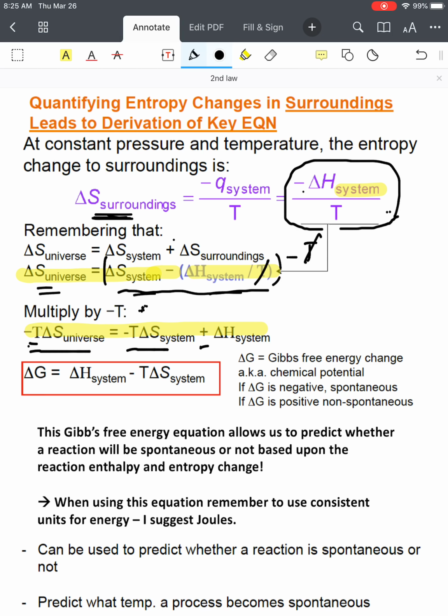Now what we're going to do is we are going to give this term right here an alternate name. We're going to call it delta G. And it turns out that that alternate name, delta G, is called the Gibbs free energy change for a reaction.